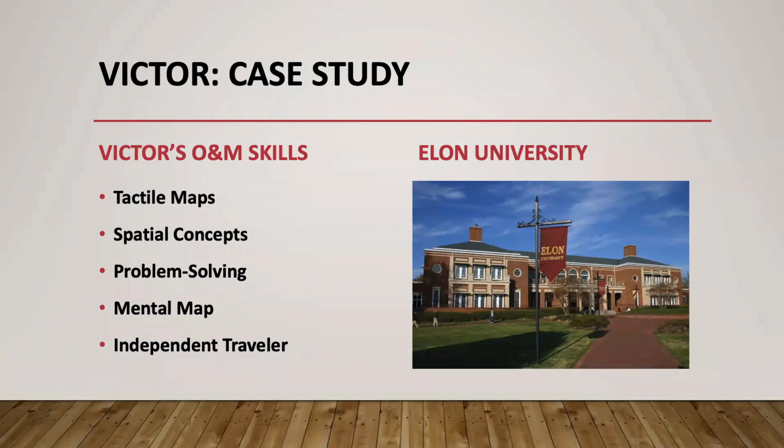He uses O&M self-familiarization techniques, such as learning the perimeter of an area first. And in the case of the campus, that would be the boundary roads around the campus. And he seamlessly integrates a variety of high-tech, low-tech, and no-tech O&M tools. Victor applies all of these O&M skills in order to be a fearless and independent traveler.